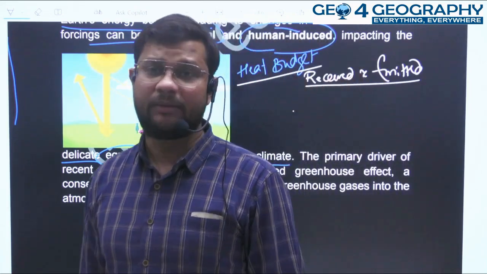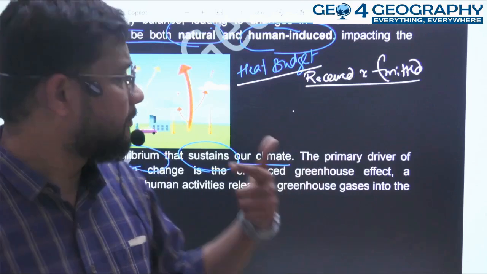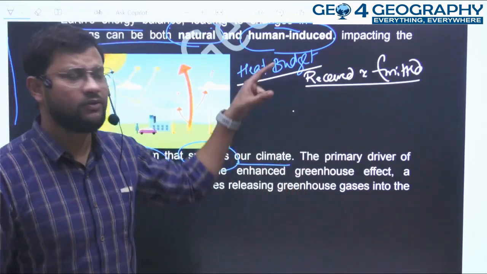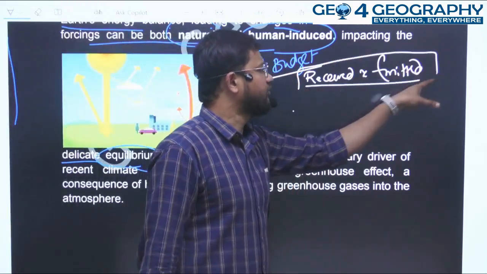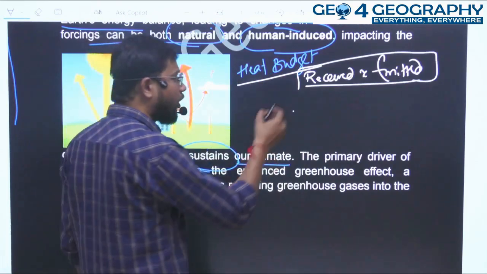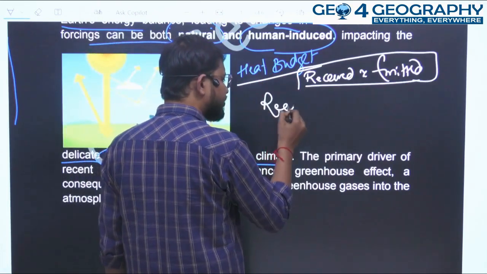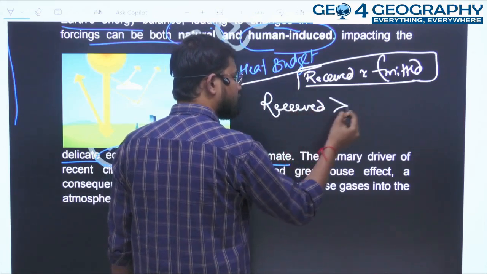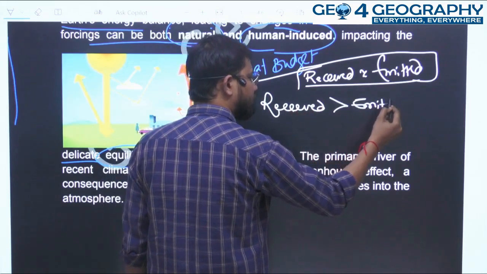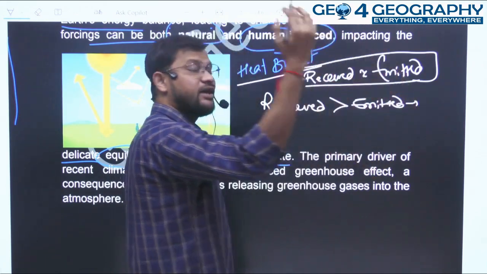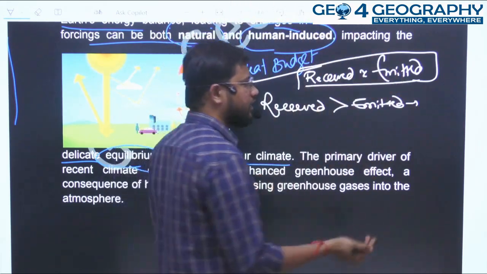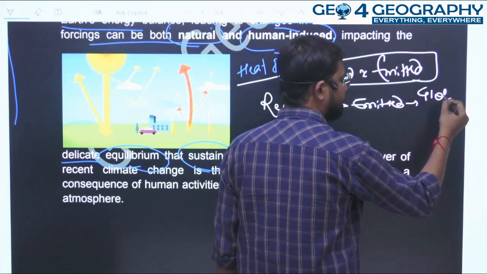So if incoming energy is balanced with the outgoing energy, you will find this budgeting activity is rather ensured. But what if received energy is more than what is emitted? In that case, energy accumulation is there. ये हो जाएगा global warming.